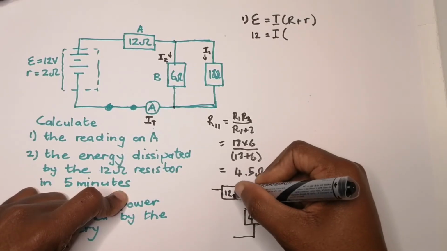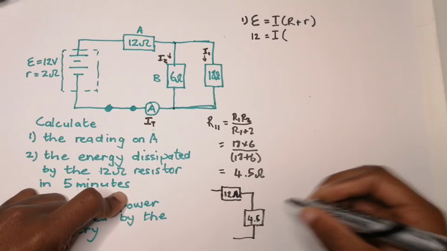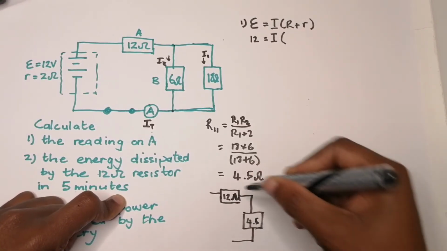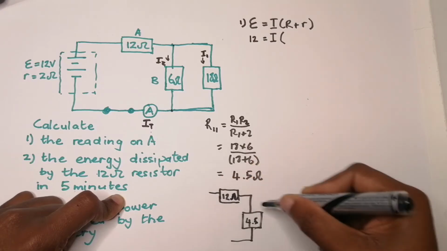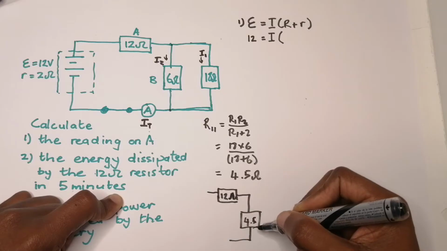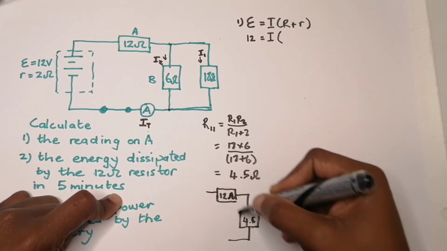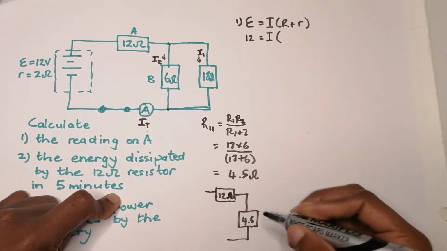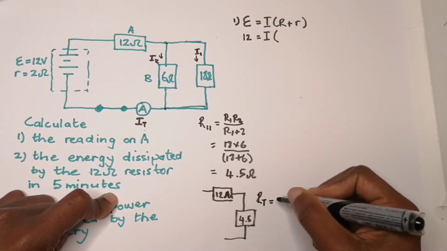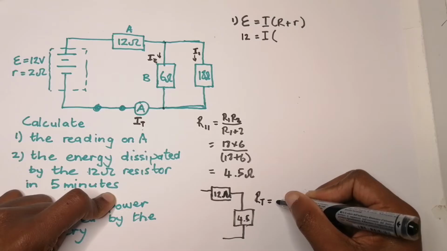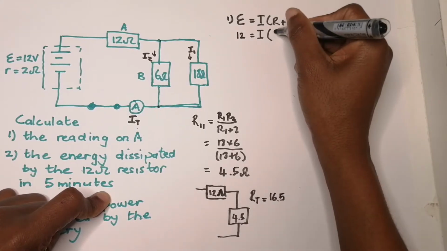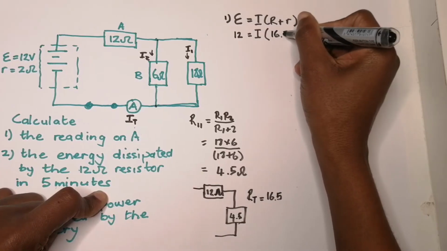Total current passes across the 12 ohm. Total current also passes across 4.5. So in fact, it simply tells you these two resistors are in series. So it means that the total resistance of your circuit should be 12 plus 4.5, and that should give me 16.5. So I'm going to put 16.5 there.